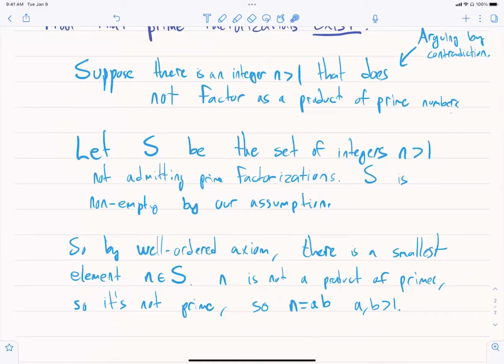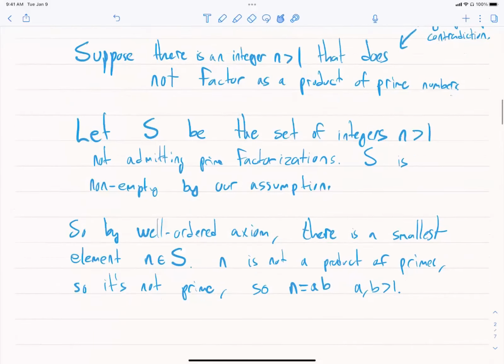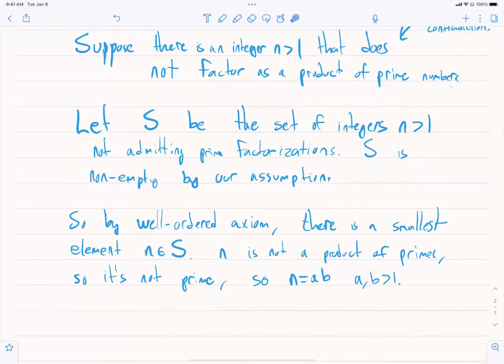So right, but I have n is the smallest number that doesn't admit a prime factorization. So I'm assuming there's some number that doesn't admit a prime factorization. And then the well-ordered axiom gives me that there's a smallest such. Good, that smallest such, it's not a product of primes. So in particular, it's not a prime. So it has some factorization into smaller numbers a and b.